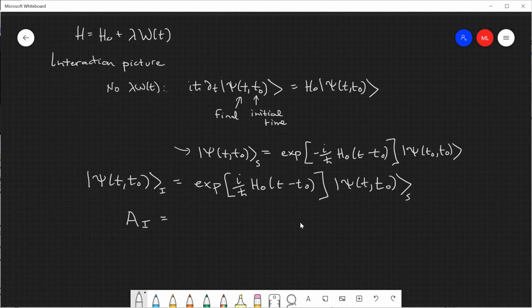We take any operator we would normally have in the Schrodinger picture and apply the time evolution to it according to the unperturbed Hamiltonian. So any operator in the interaction picture looks like this.